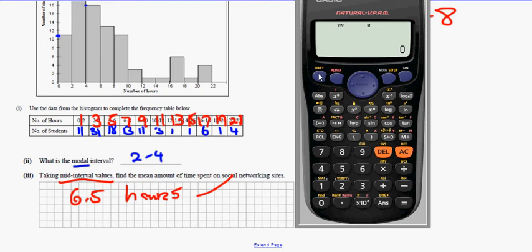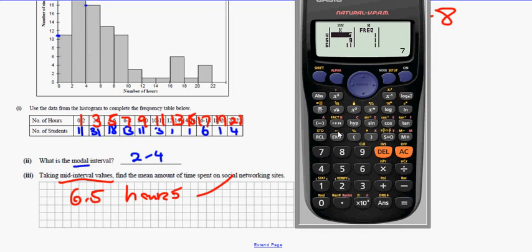To get the frequency table up, you go to Shift, Setup. You're in stat mode, so you look for stats. It's number 3. Frequency mode on. You now go back to your data, and now you begin. We're going to enter in 1, 3, 5, 7, 9, 11, 13, 15, 17, 19 and 21.